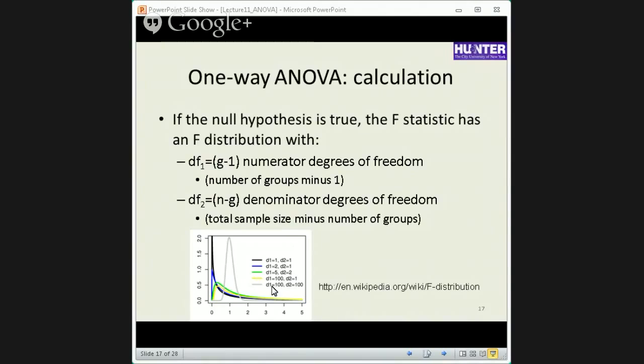Whereas with a larger sample size, like df1 equals 100, df2 equals 100, it has a higher peak value, but then it drops off to 0 much more quickly. So both df1 and df2 affect the distribution in different ways.